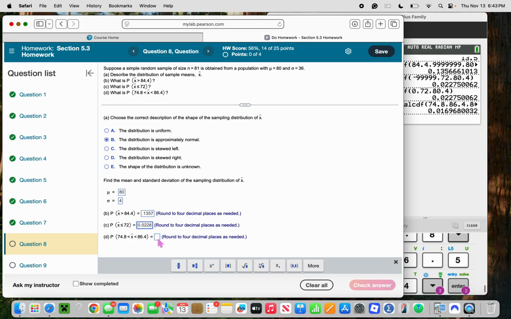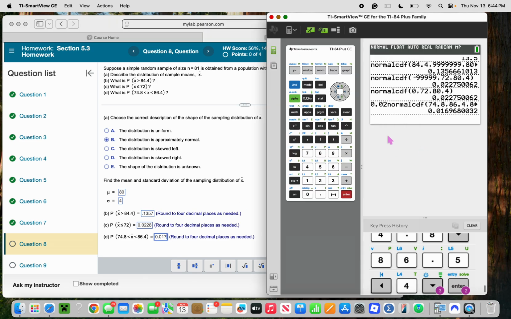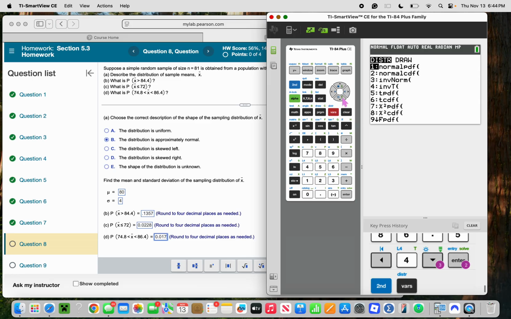The probability here is 0.0170 because it rounds up, and making sure we're going to 4 places. Okay, and I'm going to double check that.